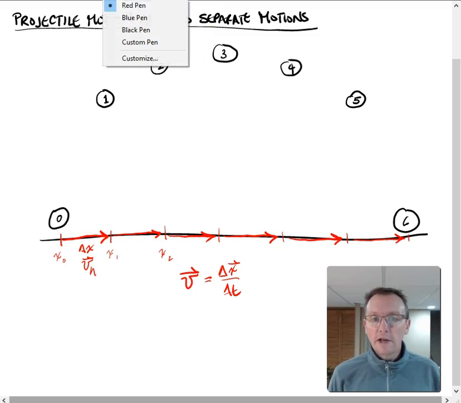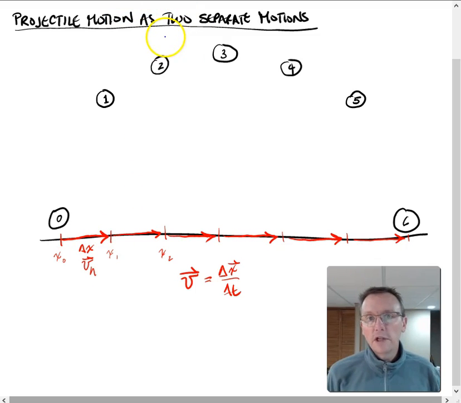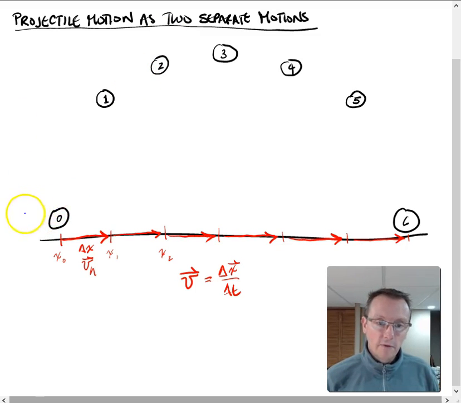Now what about the vertical velocity? Wouldn't you agree that the vertical velocity is being altered because of the force of gravitation, right? So initially, the vertical position is here, and then the vertical position is here, and then it's there, and then it's there, and then it comes back again. And so it starts off here, goes up, and then comes back down again.